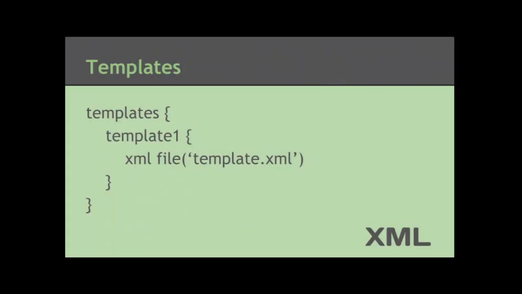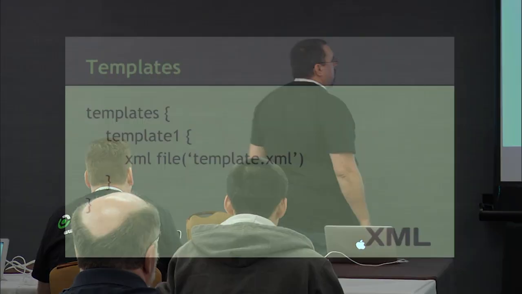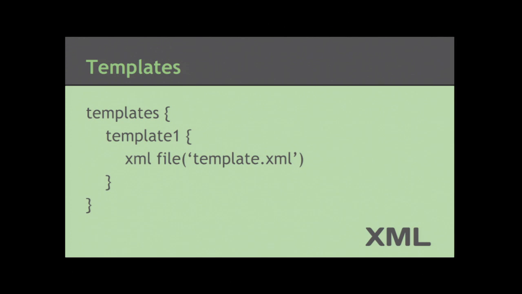Templates. You'll find with a lot of the DSL, there's both an XML and a DSL form, and then there's multiple forms as well, either as files or strings, or actually closure forms as well. In this particular instance, what I'm defining is a template called template1. Again, this is just a configuration container.